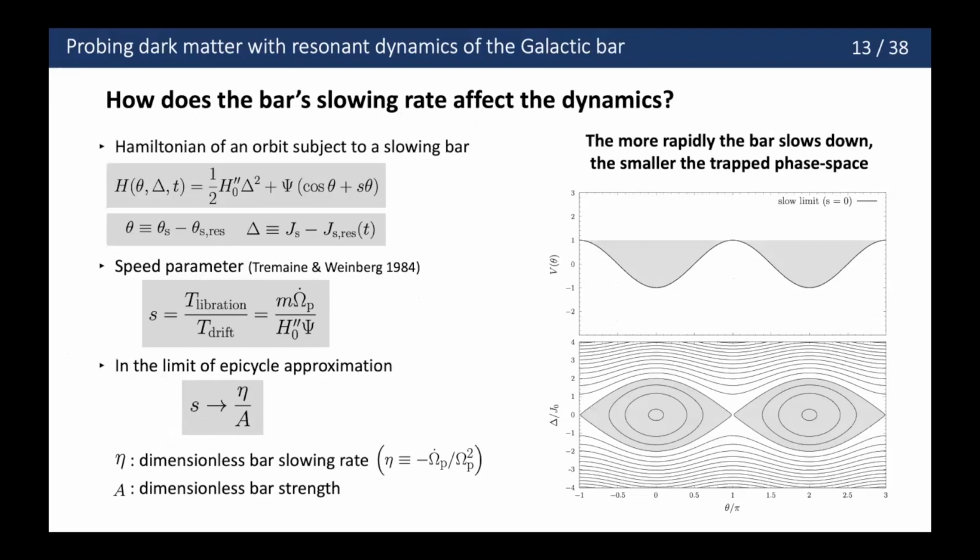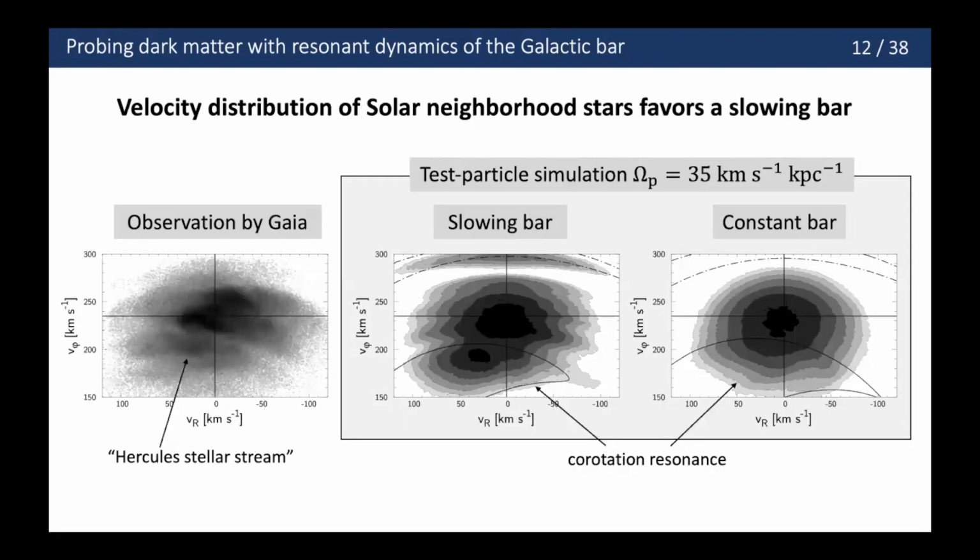I'm sorry, in the previous figure, the previous slide. Have you realigned the panels, the observational and the slowing bar? Because I think it should depend on the orientation of the sun with respect to the bar, the angle with respect to the bar.